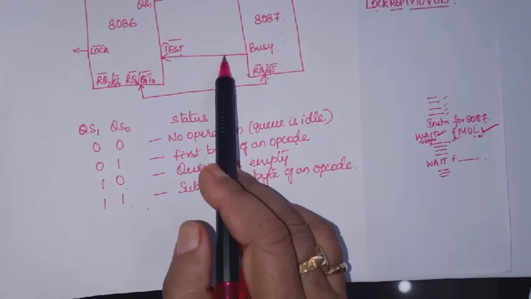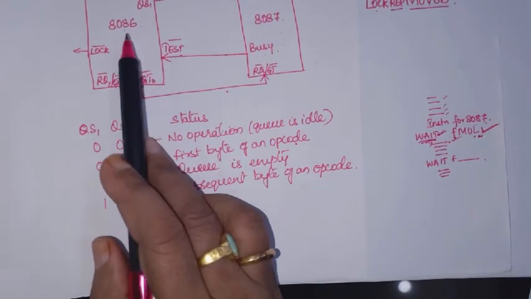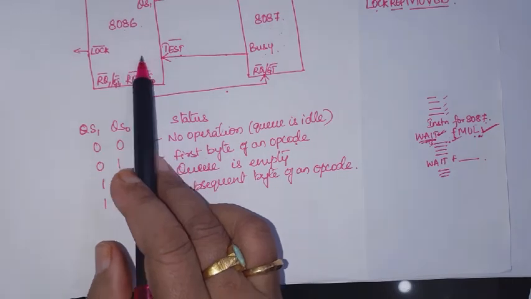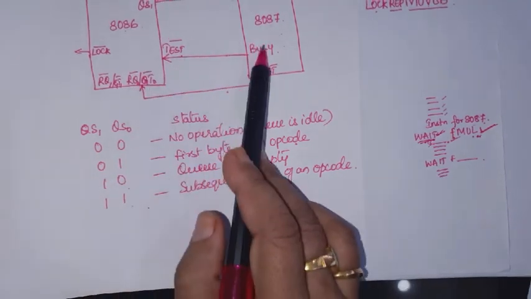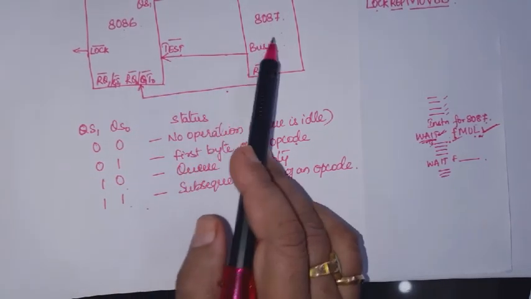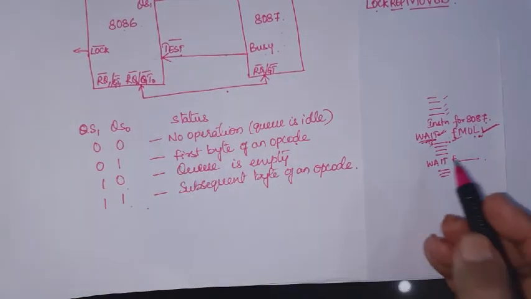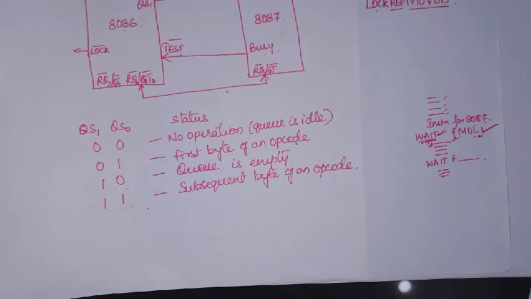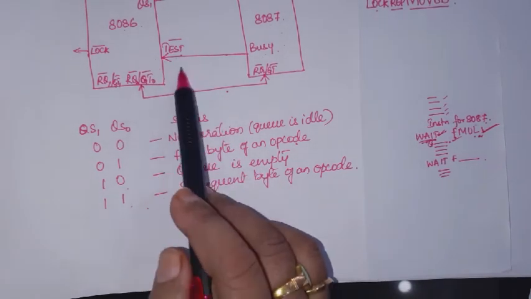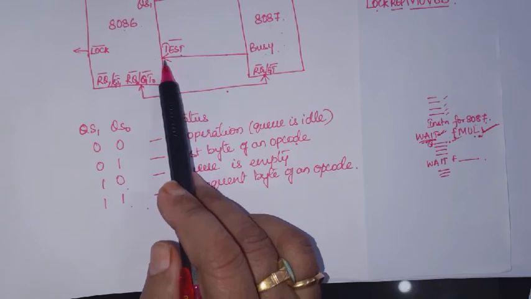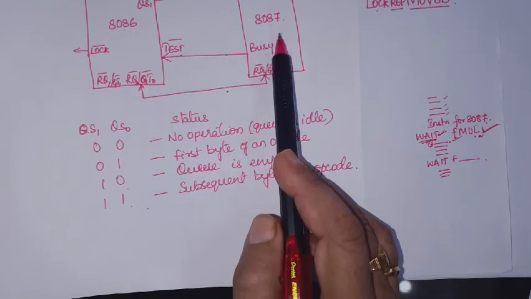So when this is low, the 8086 processor understands that the instruction execution is over. Now it has the result with it, so it goes on to execute the next instruction. This is the purpose of the TEST bar pin, which is connected to the BUSY pin of the coprocessor.